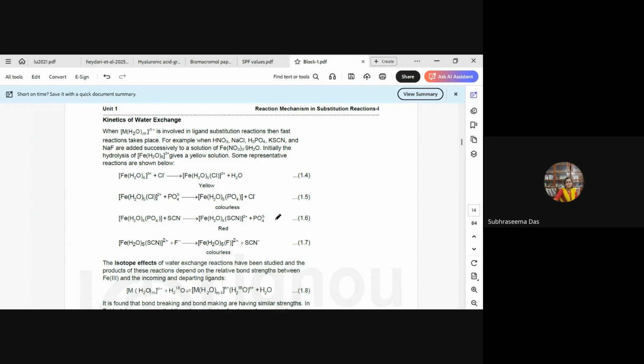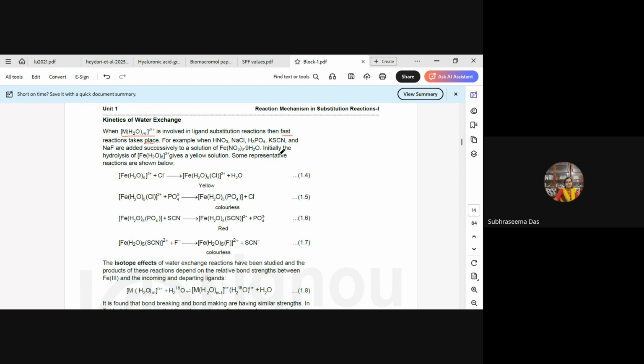Now coming to the kinetics of water exchange. Water is a very common ligand in coordination complexes, and to study the kinetics of substitution reactions, complexes with water have been taken as an example. When M(H2O)n is involved in ligand substitution reactions, very fast reactions take place.